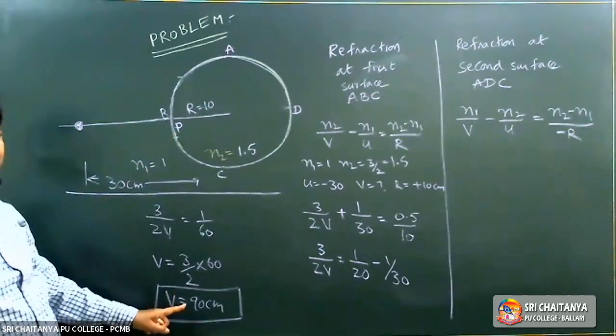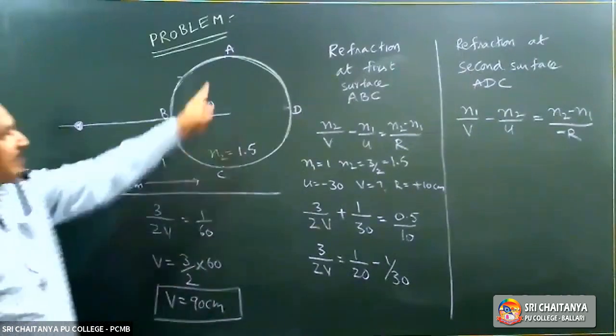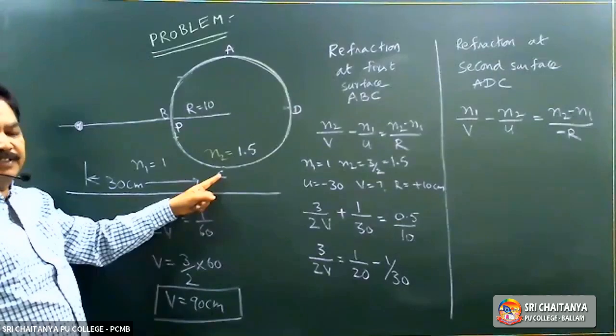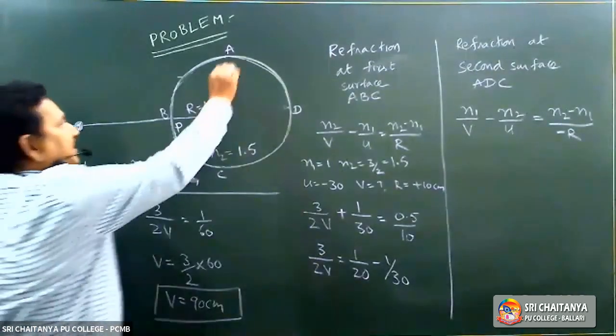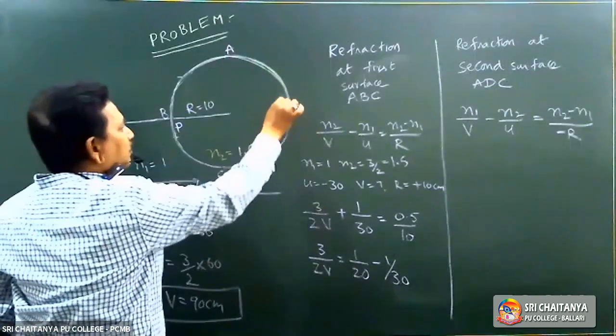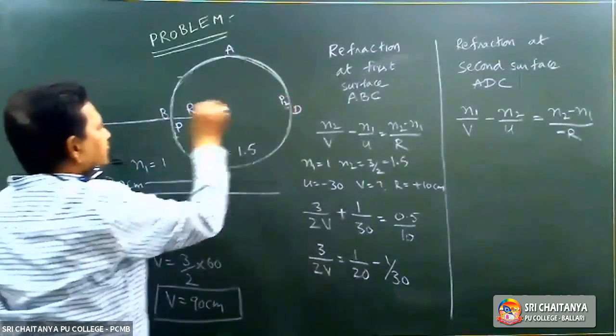Now this will act as object for the second surface. This is the second surface. This is the pole, imagine P2. This is P1.